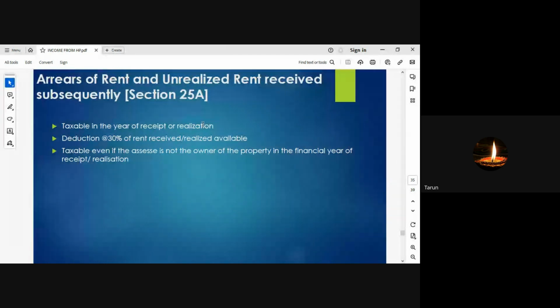Even if the person is not the actual owner of the property in that year, it is still taxable if there are any arrears of rent or unrealized rent received in subsequent years.